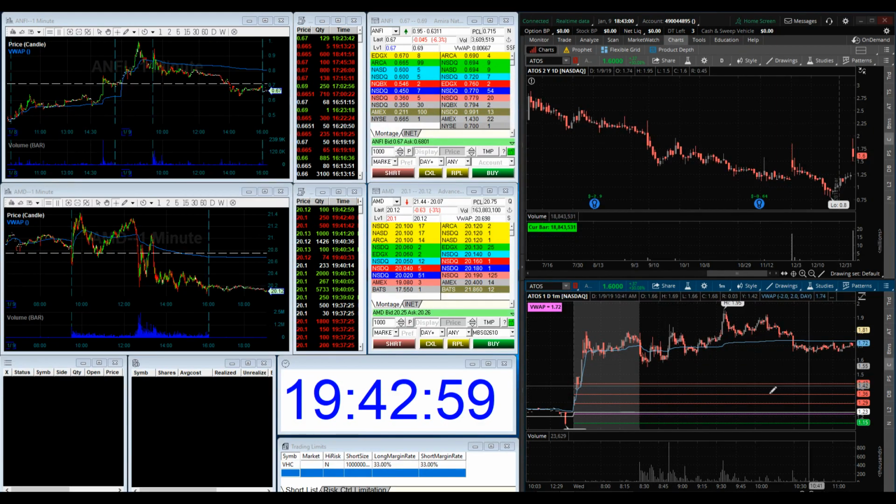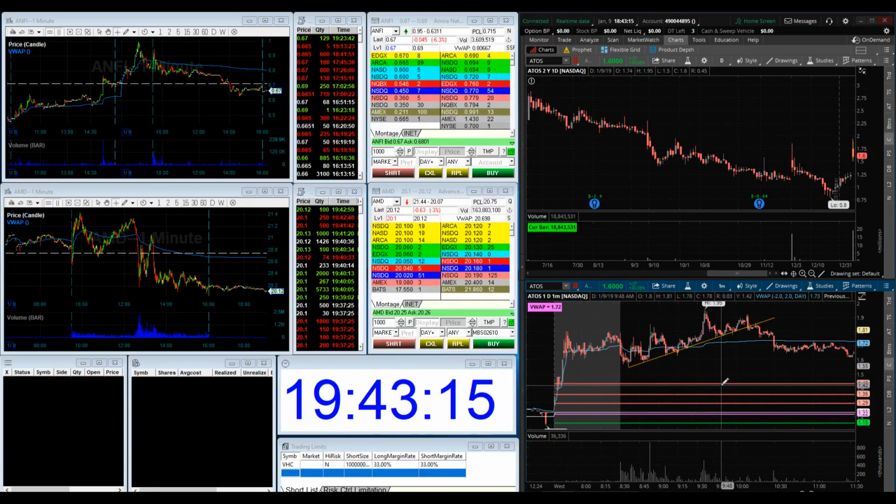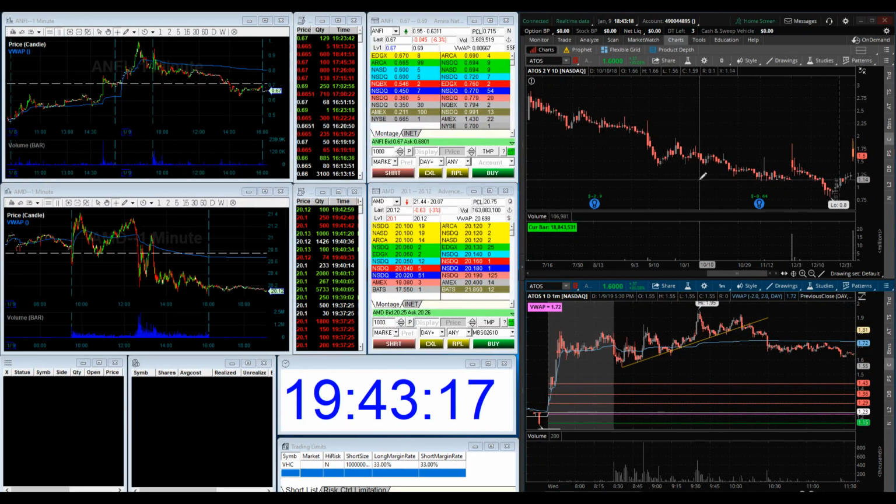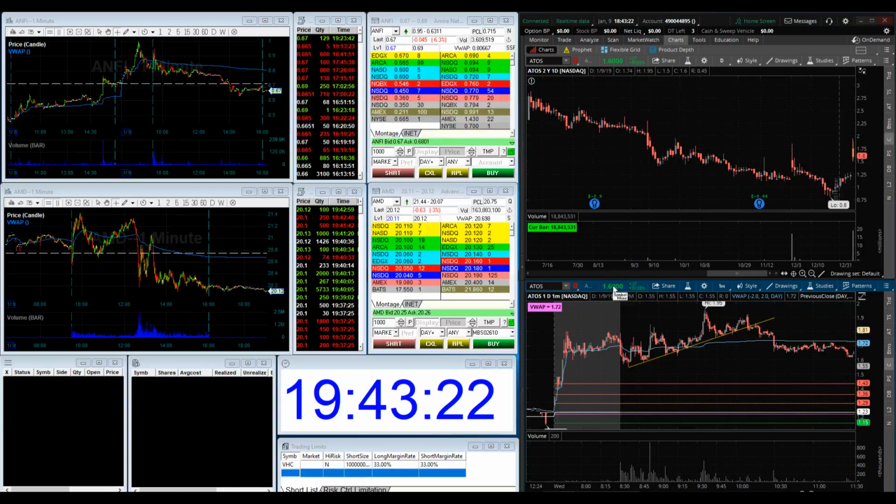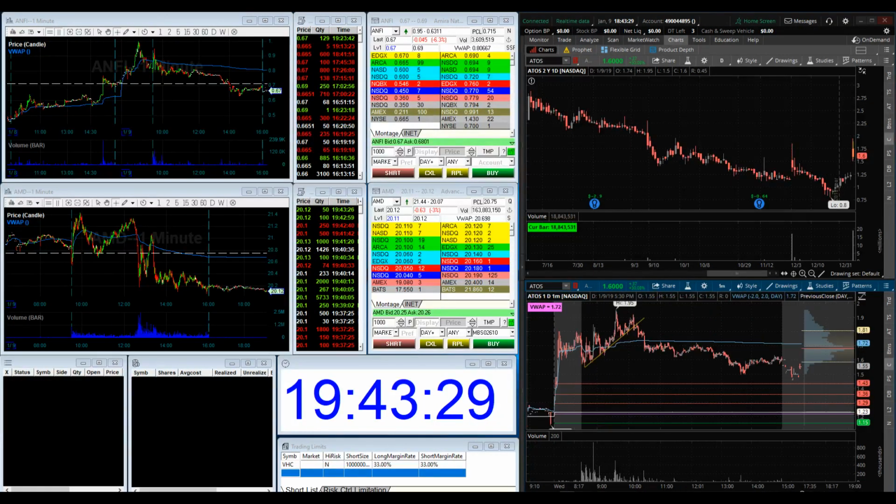But how you would trade this in the first 3 hours of the day, you would just trade it based on your plan. So right here you have this trend line that you can see, so you could trade based off that trend line. Me personally, if I was trading ATOS today, I would have gone in with a short bias just because the company is dilutive, and I would have felt uncomfortable holding a long on it, based on the previous price action.